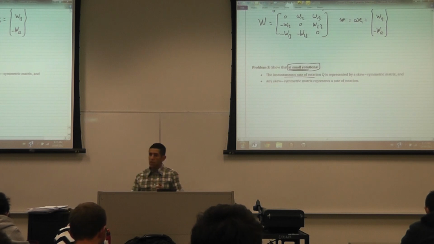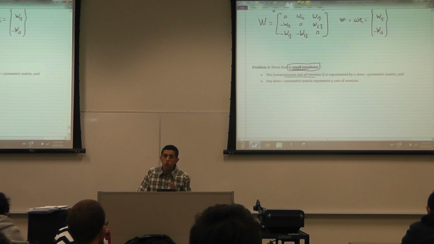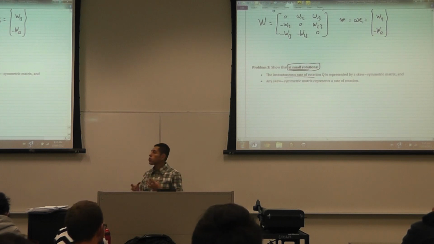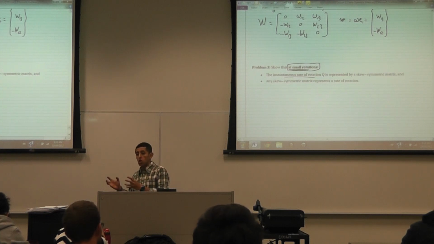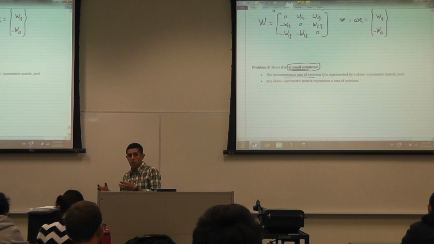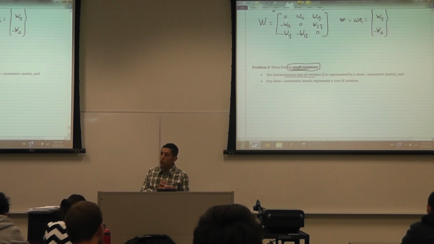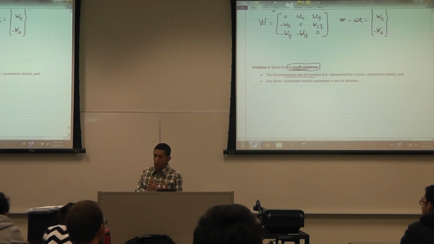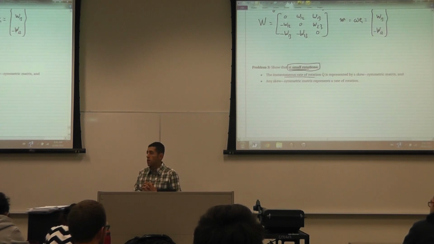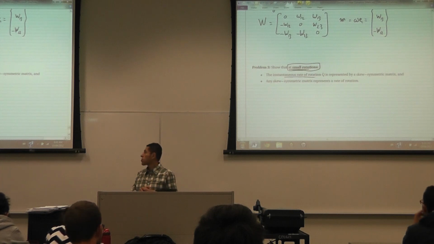When we study strain in the third chapter, we're going to look at the deformation as a decomposition of two types of deformation: a deformation due to stretch, described by a symmetric matrix, and a deformation due to rotation, described by a skew symmetric matrix. But a skew symmetric matrix only applies when I have small rotations, as I will show you right now.